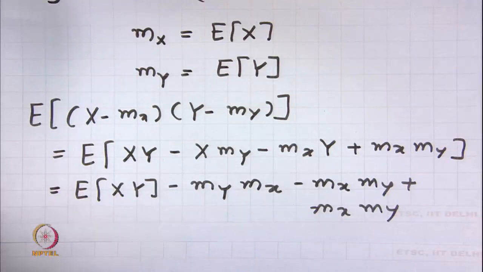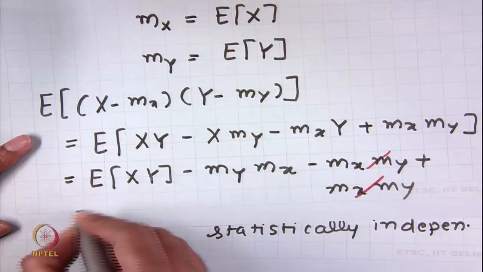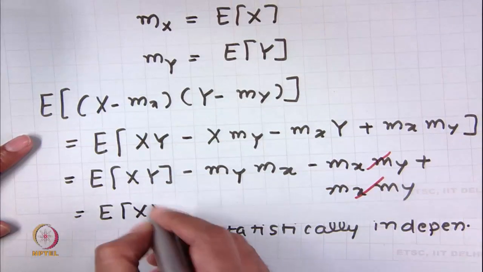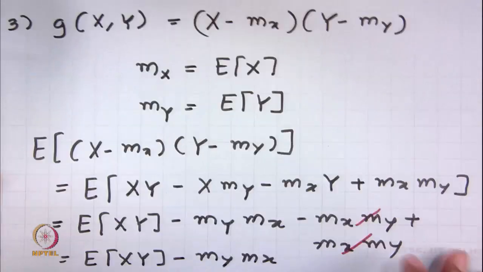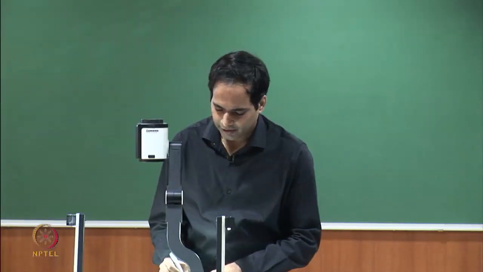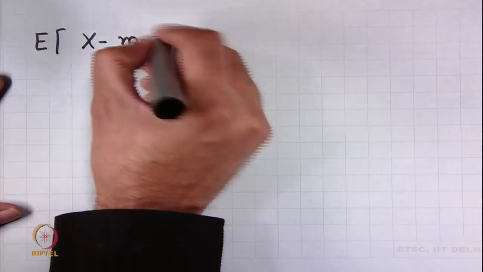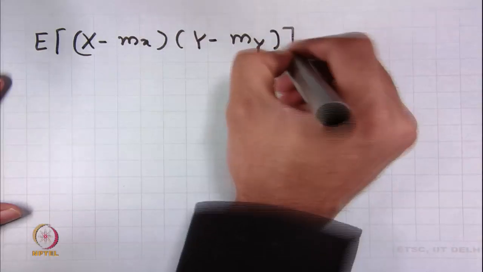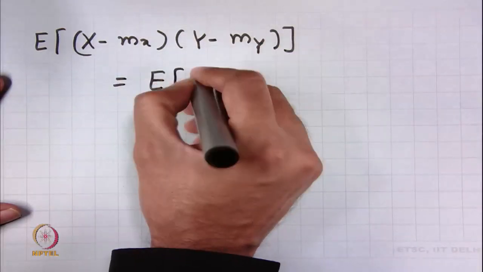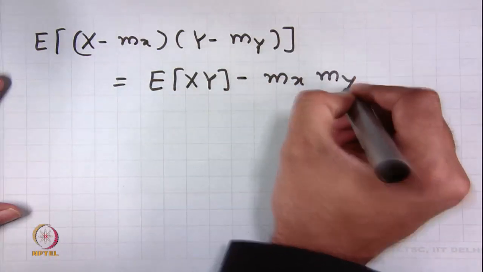Okay. And so, mx times my cancels with each other. What you would end up with is this expression. So, what we are saying is the expected value of x minus mx into y minus my is the expected value of x y minus mx times my.